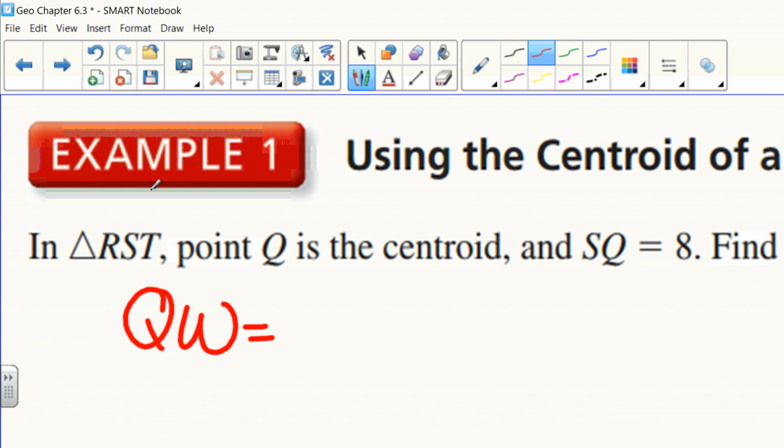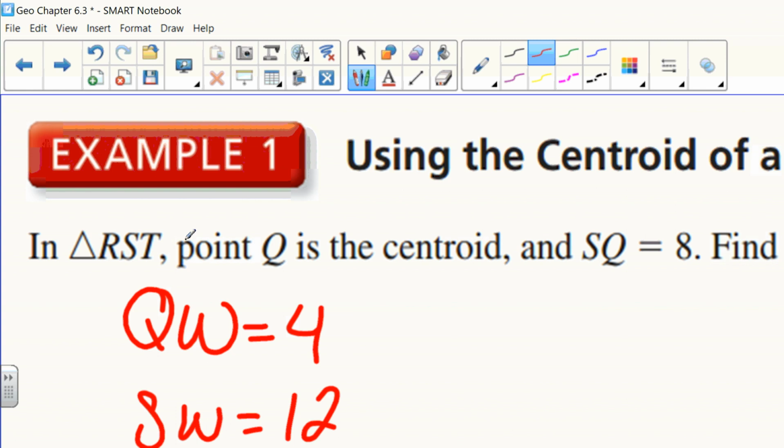The smaller is equal to half of the bigger, so the smaller section would be 4. SW would be 12. Because how can we go about finding that? Exactly. All right, we can add SQ and QW to get 12.